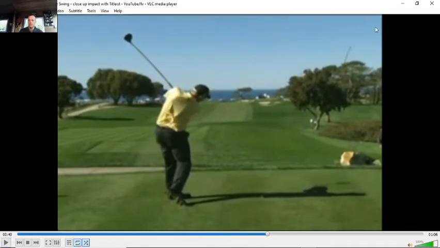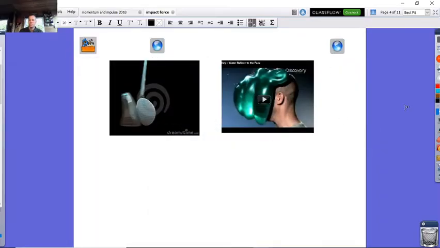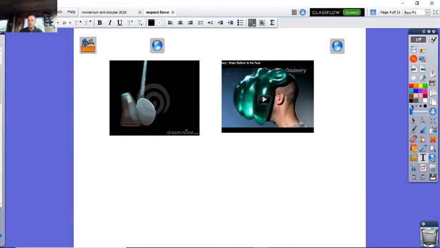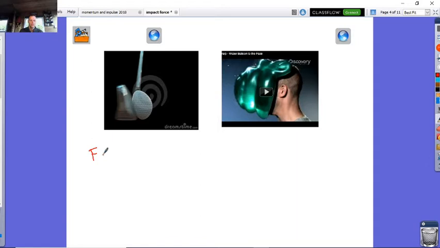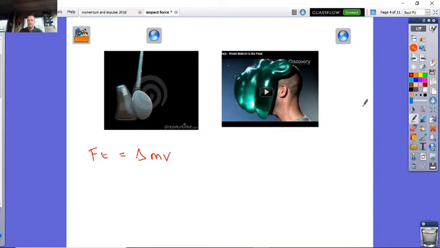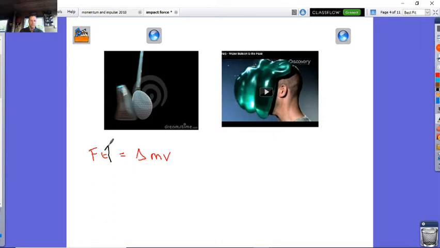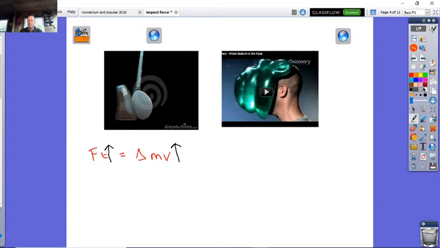We can analyze this by looking at the equation, which you now know. The force multiplied by time is going to be delta mv, the change in momentum, and that's the impulse. If you make the impact time bigger, don't you make the change in momentum bigger?